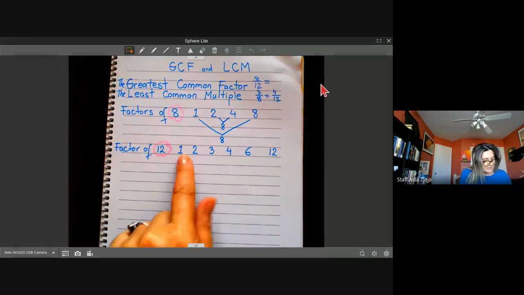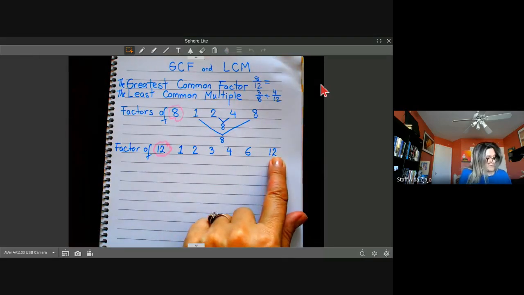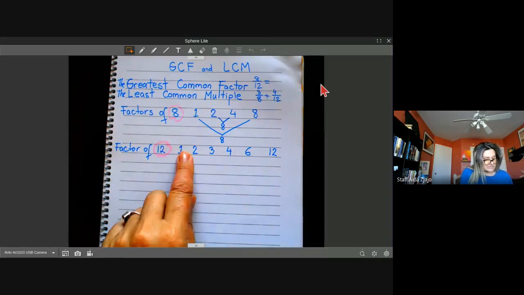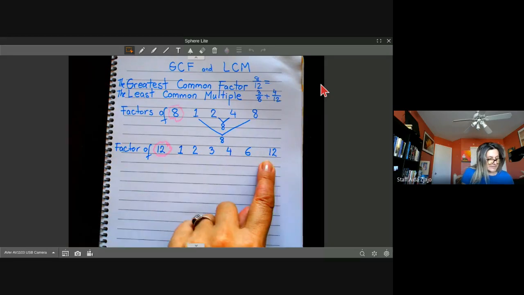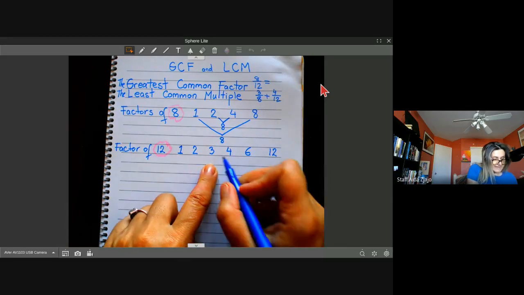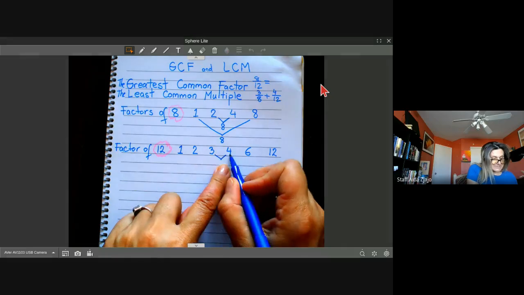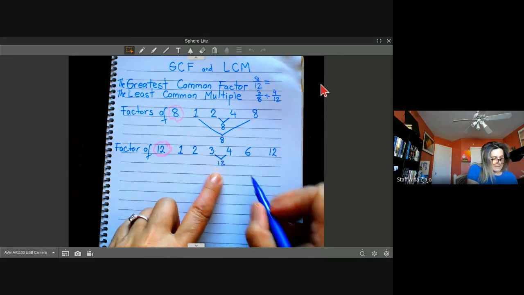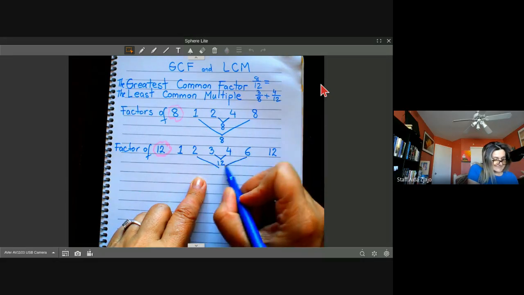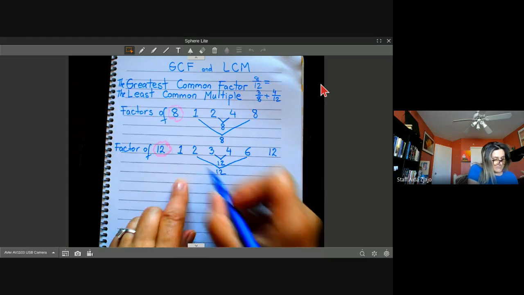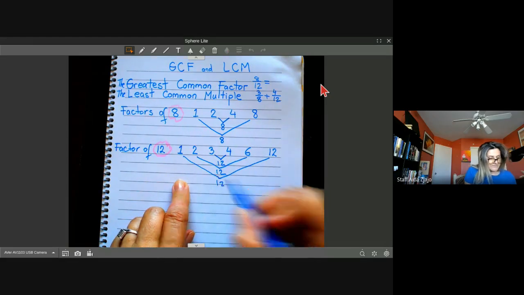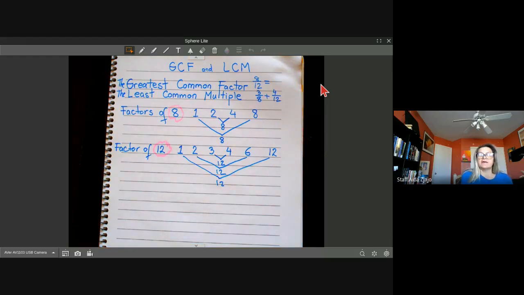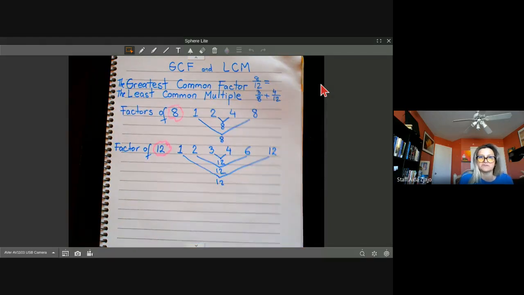So we know now these are the factors for 12: 1, 2, 3, 4, 6, and 12. Those are the factors, because when I multiply two factors, 3 times 4 is 12, 2 times 6 is 12, and 1 times 12 is 12. So I found all the factors for 8 and all the factors for 12.